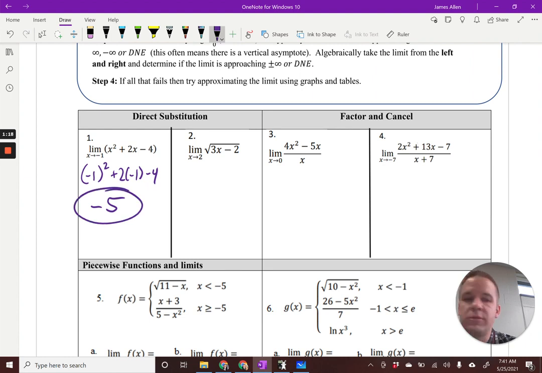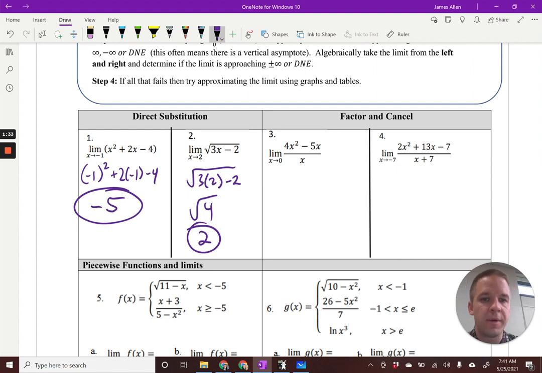So, boom, done. No biggie. On the second one here, if I just directly substitute 2, I'm going to have 6 minus 2 is 4. The square root of 4 is 2. No big deal.